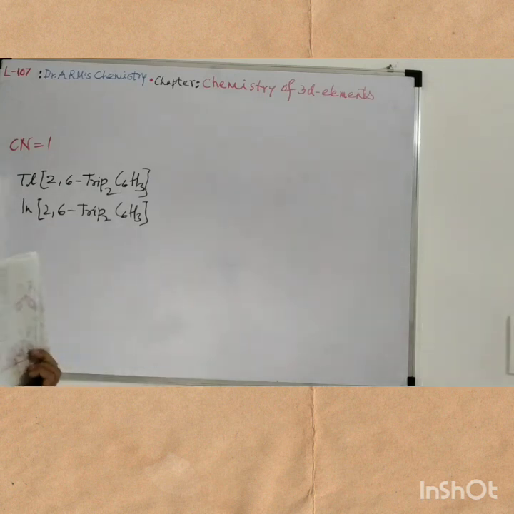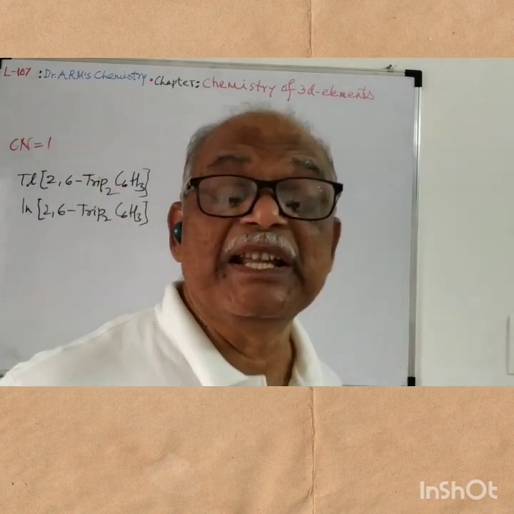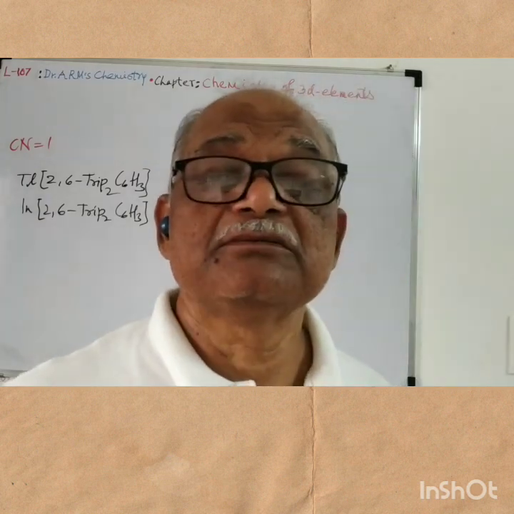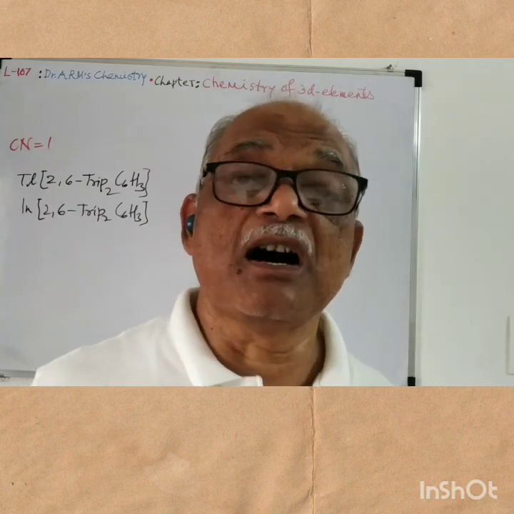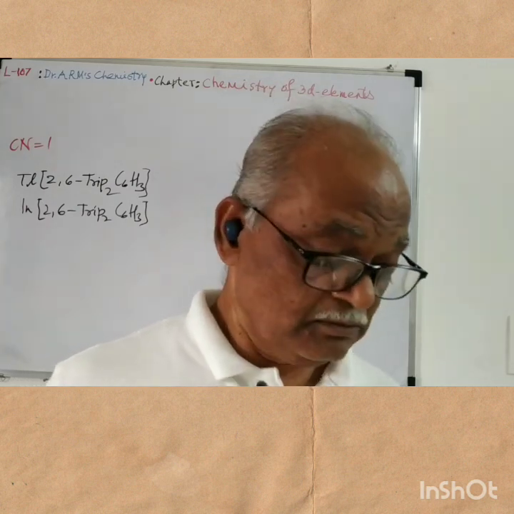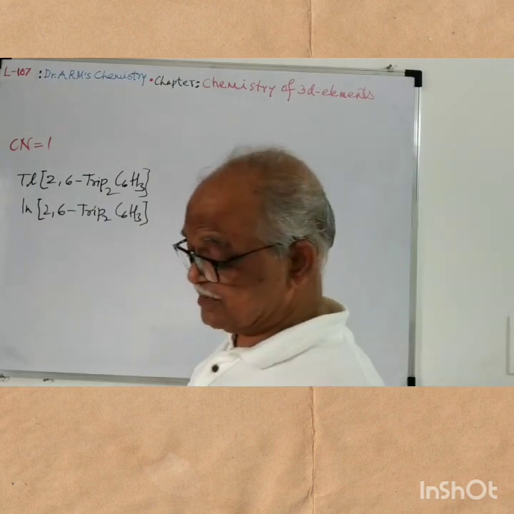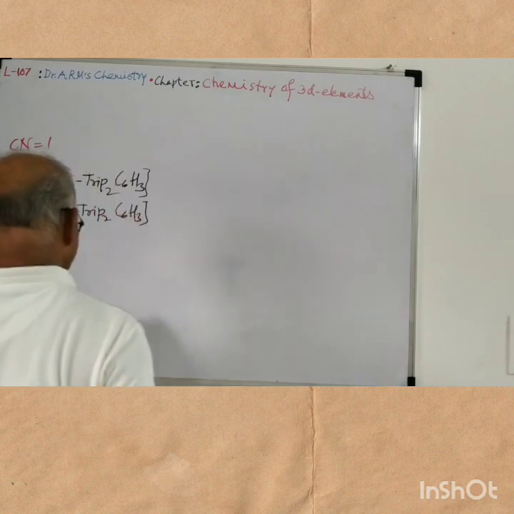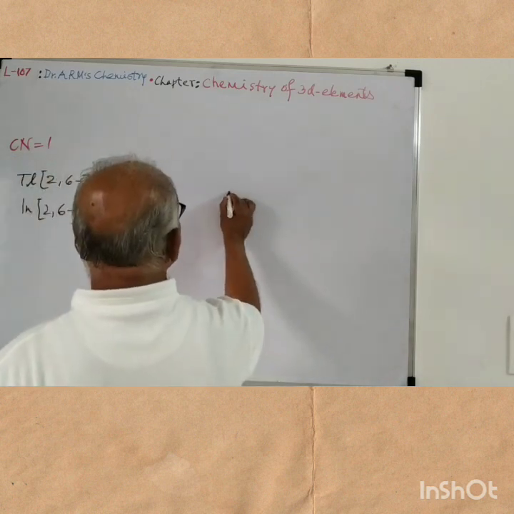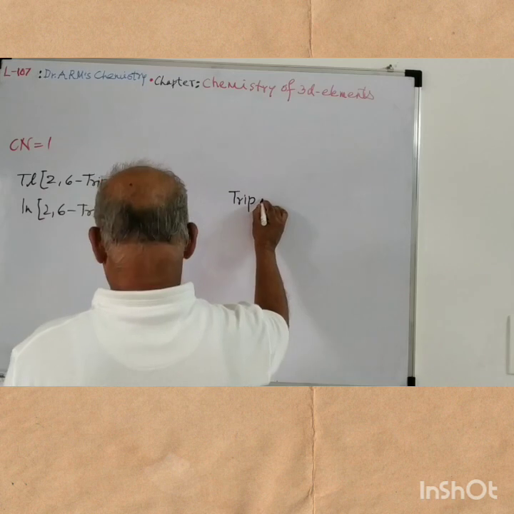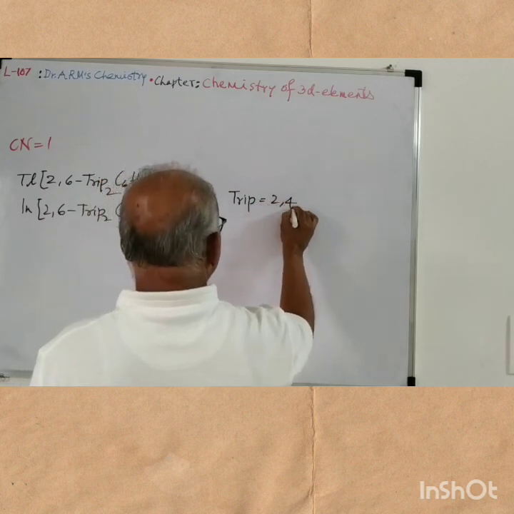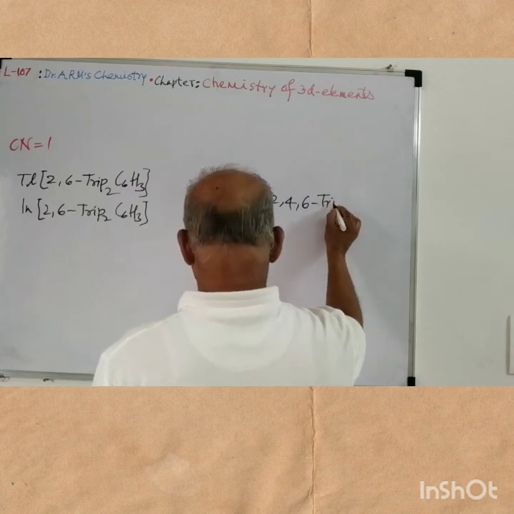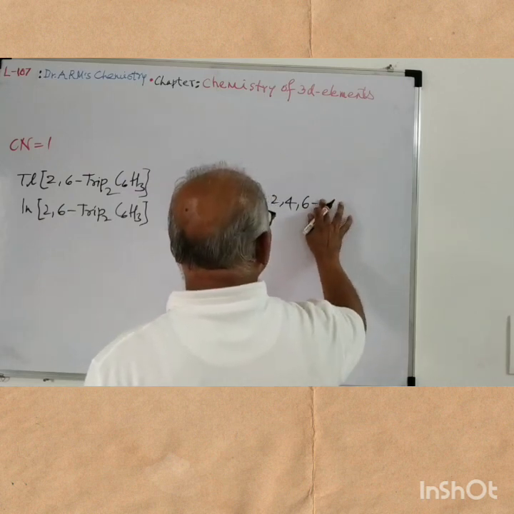Here the coordination number 1 is very rare, and it arises when the ligands are highly bulky. Here this ligand is 2,4,6-triisopropyl.